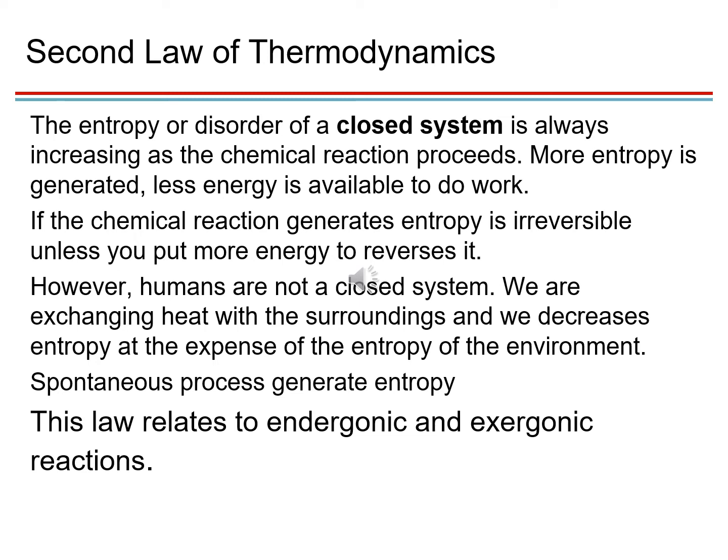This law relates to endergonic and exergonic reactions because basically there are two types of reactions in our body. One is called exergonic and the other one is called endergonic. And I invite you to watch the additional videos. Specifically, this one is talking about endergonic and exergonic reactions.